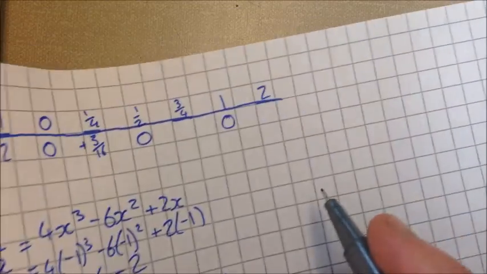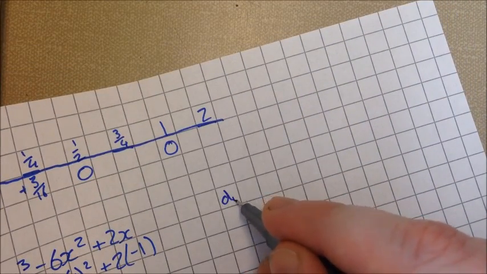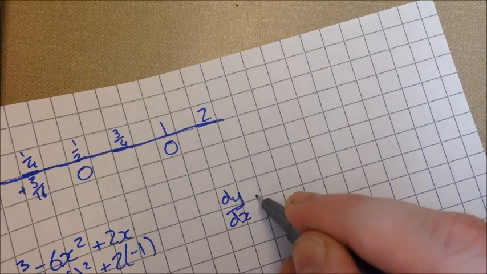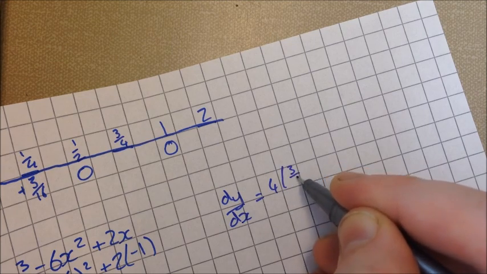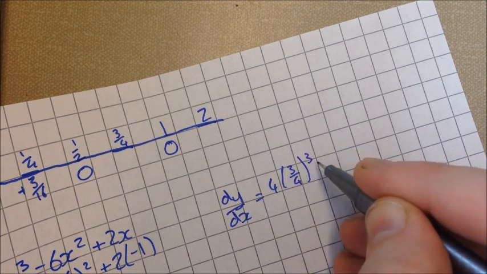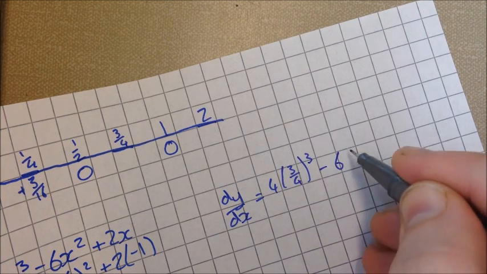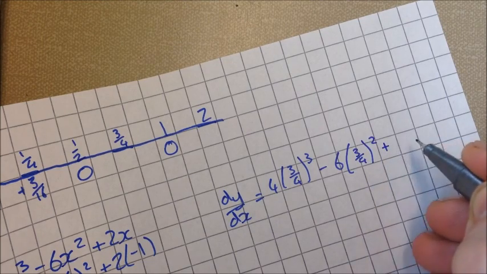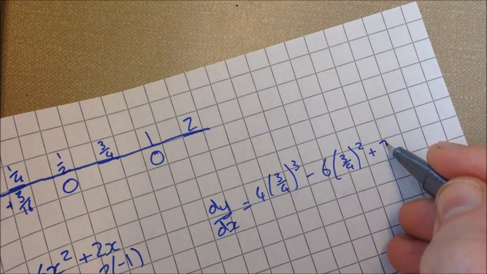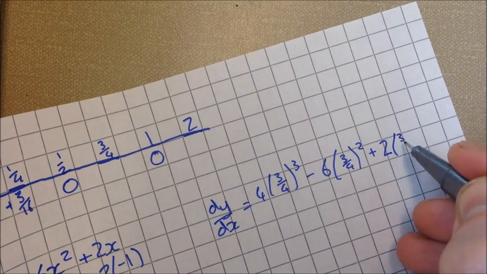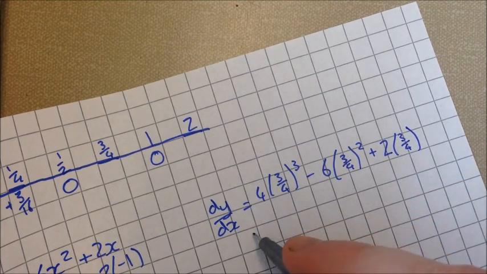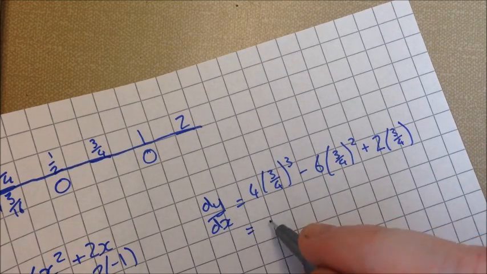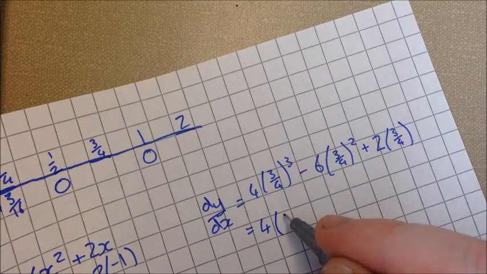So I'm going to try 3/4 now. And again, you can use 0.75. And on the next question I might do that to make it a little bit simpler.